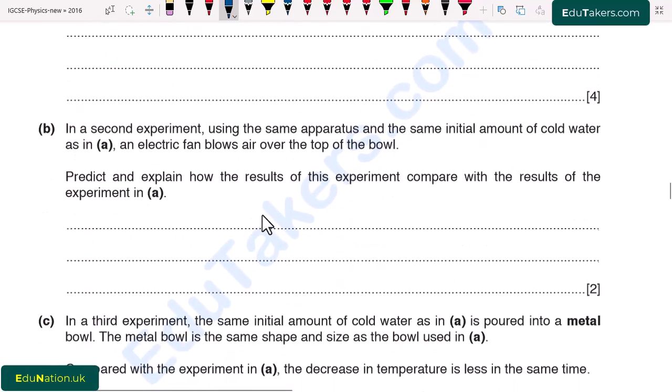Part B. In the second experiment, using the same apparatus and the same initial amount of the cooled water as in part A, an electric fan blows air over the top of the bowl.